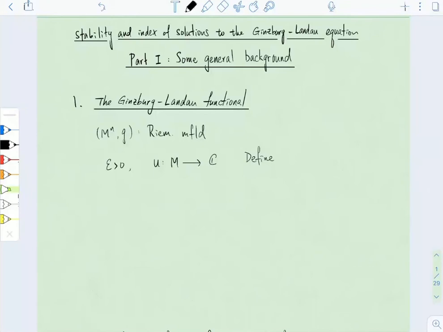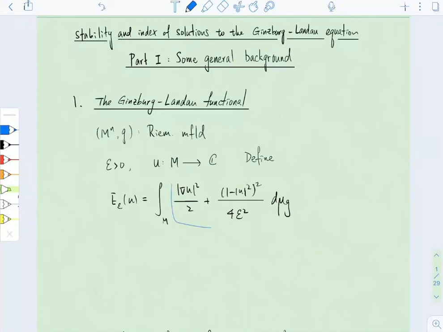Given these two, we define the functional as follows. It's the integral of a gradient term plus a potential term. The potential term vanishes exactly when u has norm 1 and is positive everywhere else.